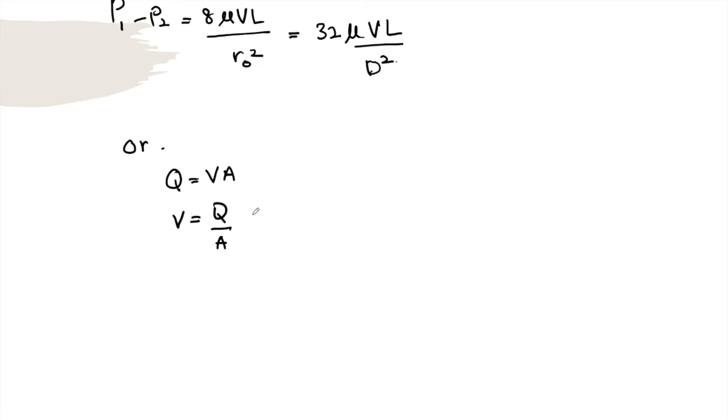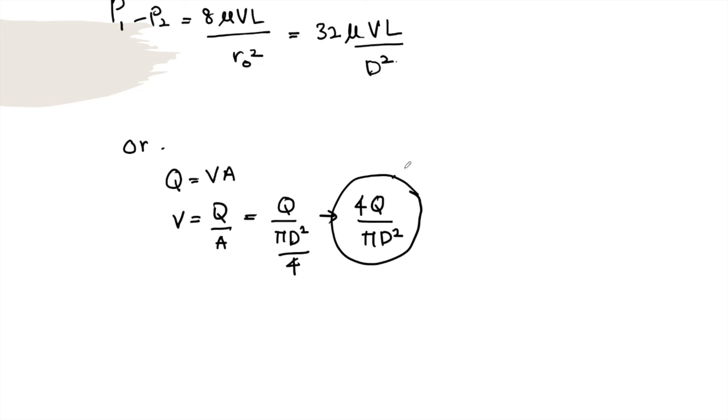The area is pi d squared over 4, so V is 4Q over pi d squared. You have to substitute this into the equation, so the V terms change into this expression.